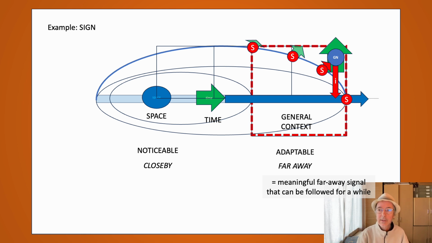That's the sign actually. It's meaningful, very far away, that can be followed up, and maybe I can use it at some point in time. That's the N at the end.